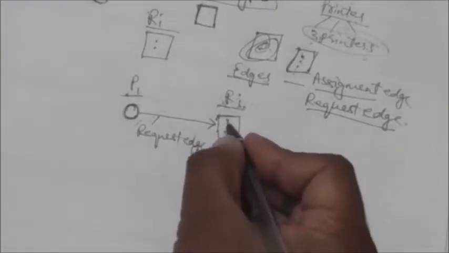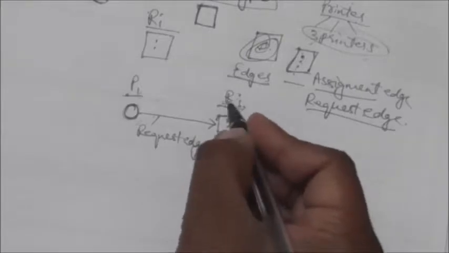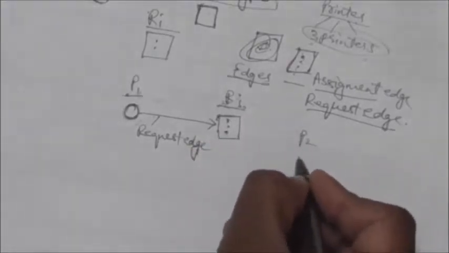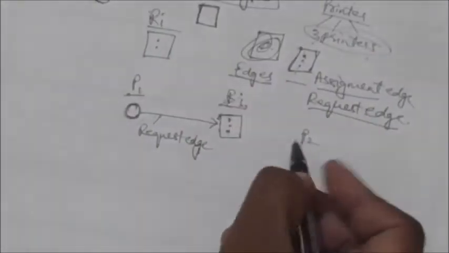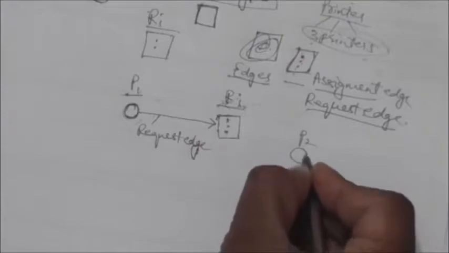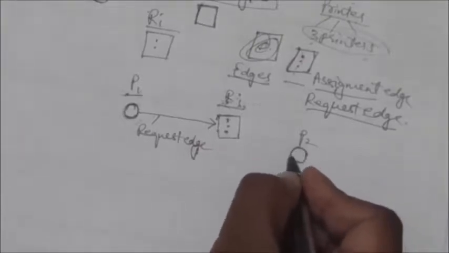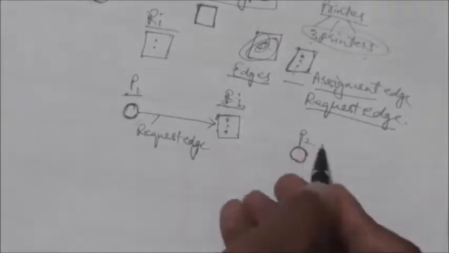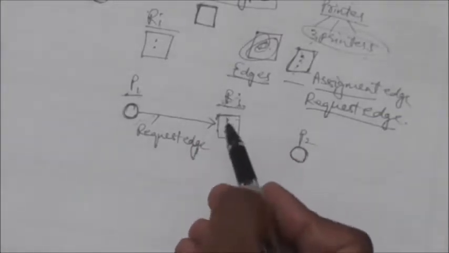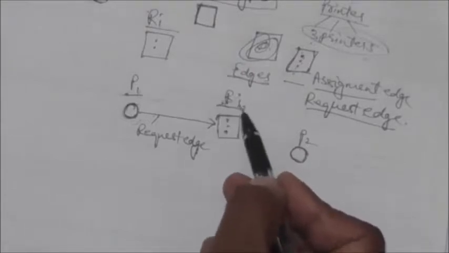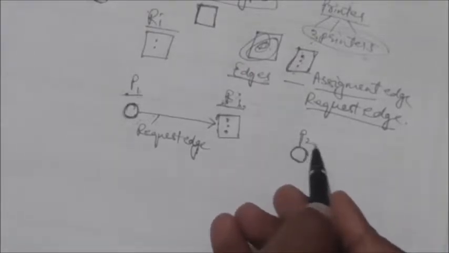Now suppose one of the instances of resource type Ri is assigned to the process P2. This process P2 is represented by this circular vertex. So how will we represent in this graph that an instance of resource type Ri is assigned to process P2?